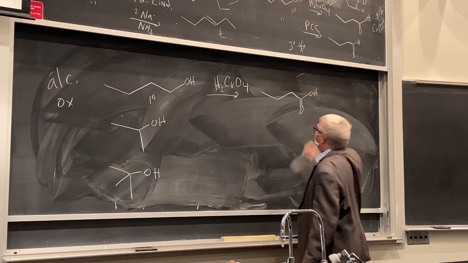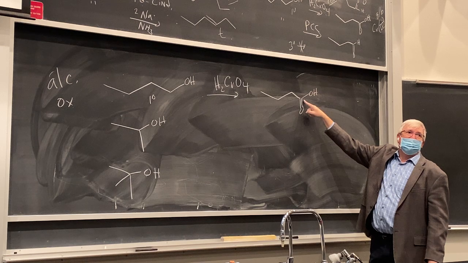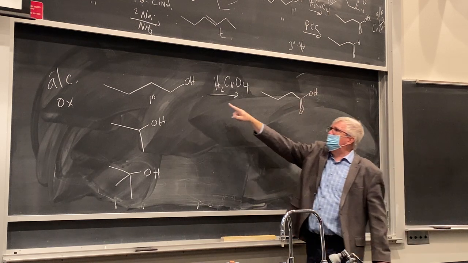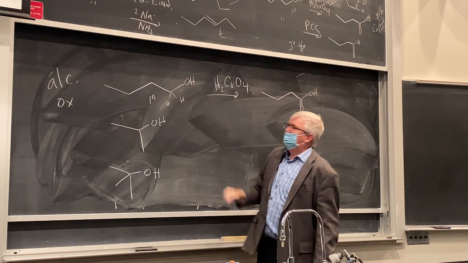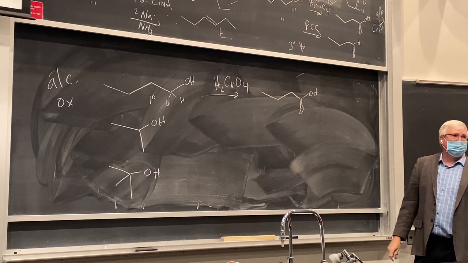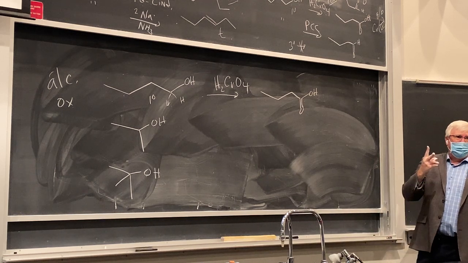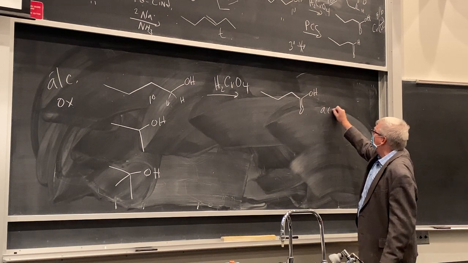Carboxylic acid. The carbon has to be on the end to become a carboxylic acid with the oxygen to begin with, right? And there's 2 hydrogens here that are removed. So remember, oxidation involves adding oxygen, which you see, extra oxygen, and taking off those 2 hydrogens. Okay, so oxidation to the acid.